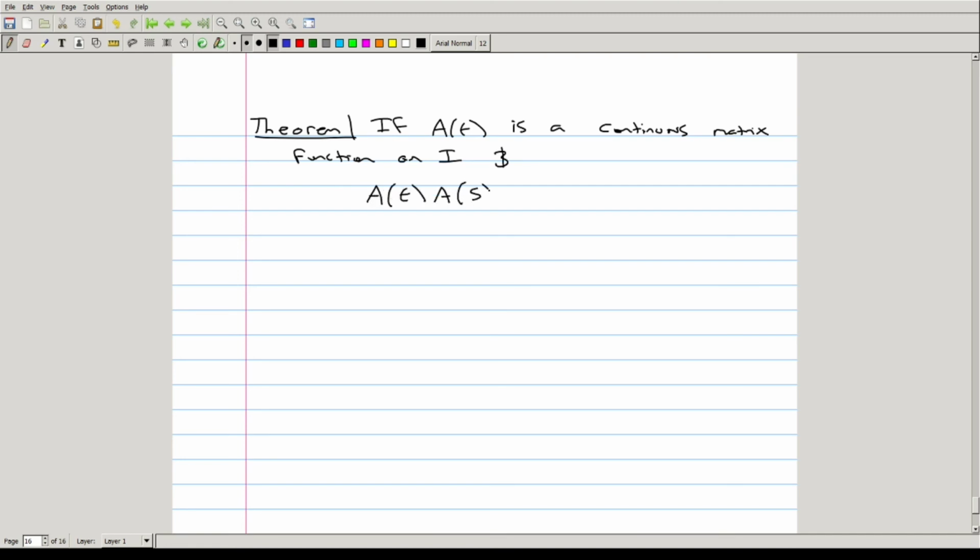So for instance, if A of t is a continuous n by n matrix function on an interval I, and A of t times A of s is equal to A of s times A of t, which is something that you have to check.